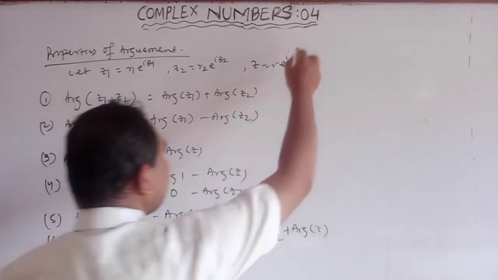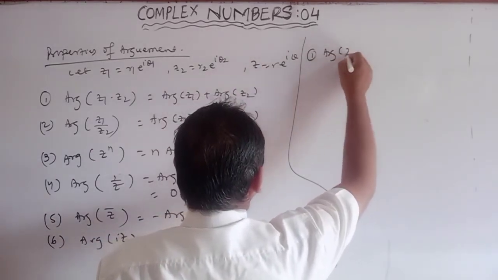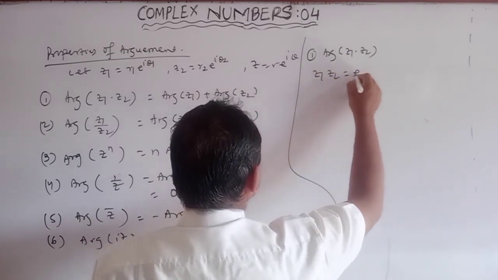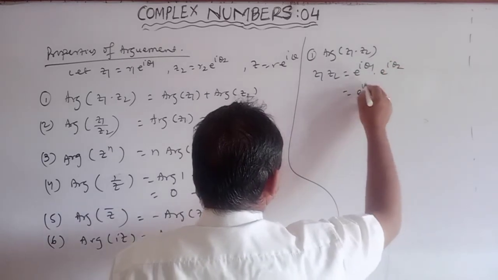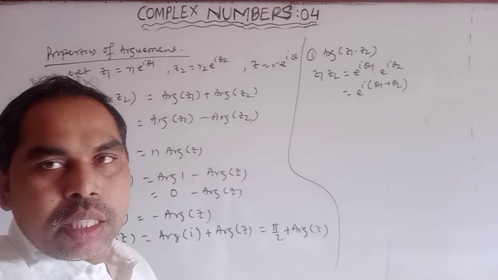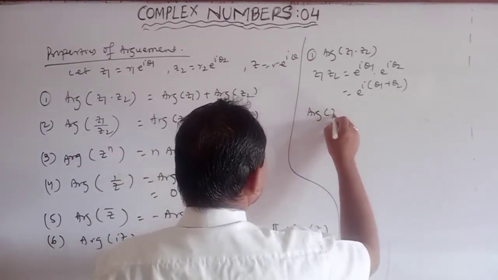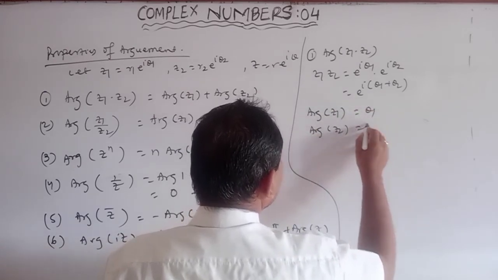I will prove one of them. Property 1: arg of z1 into z2. z1 into z2 means e to power i theta 1 into e to power i theta 2, equal to e to power i into (theta 1 plus theta 2). Arg of z1 means theta 1, arg of z2 means theta 2.